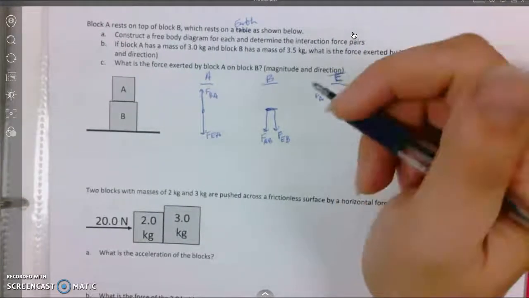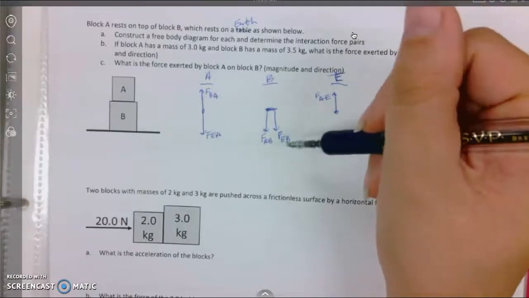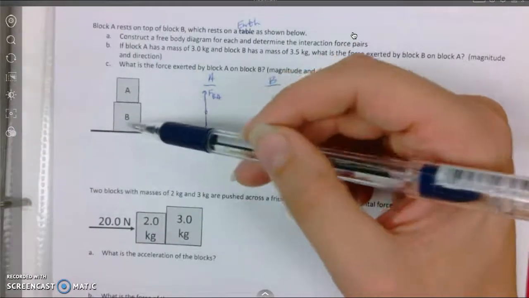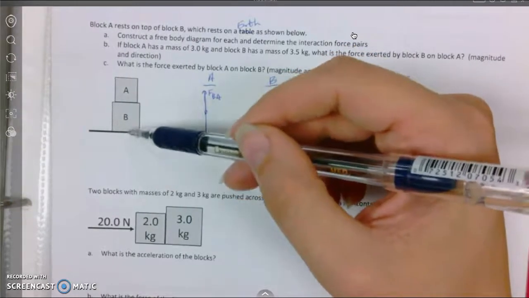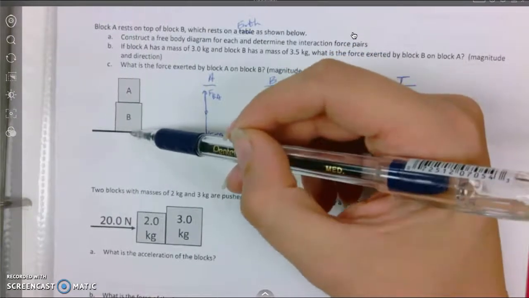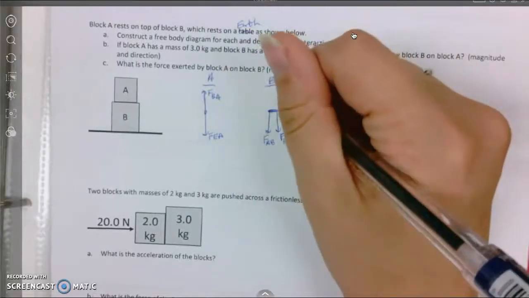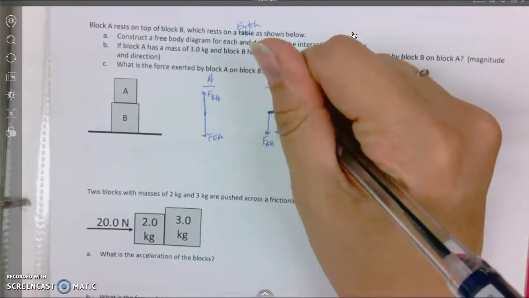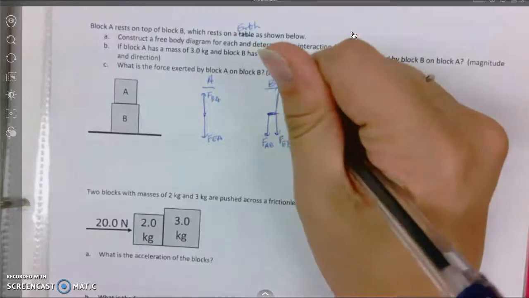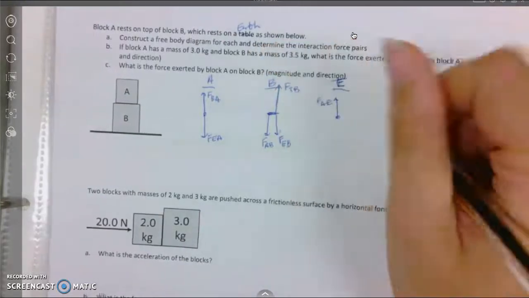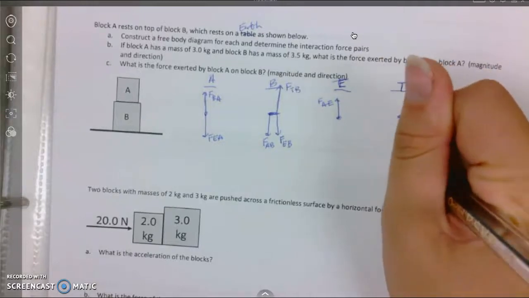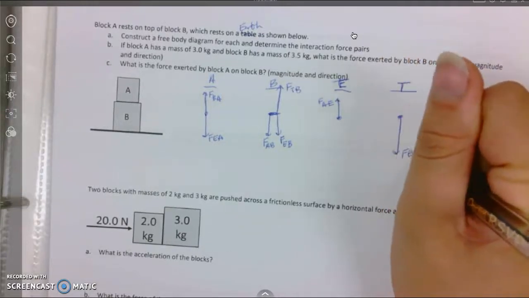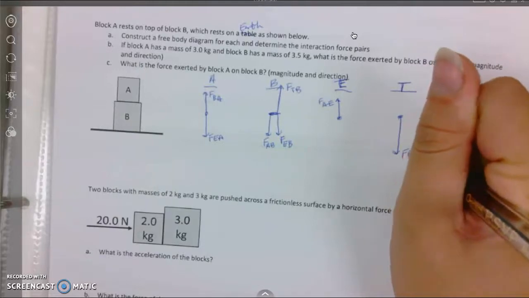Okay, so now we have A pushing down on B, and then we also have B being pulled down towards the Earth, and then we have this normal force of the table pushing back up on B. Force of the table on B, which is going to be equal and opposite to the force of B on the table.